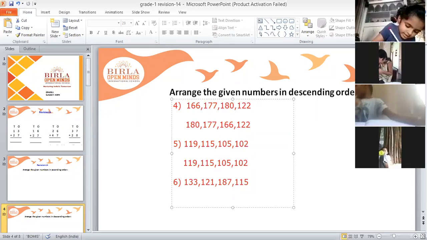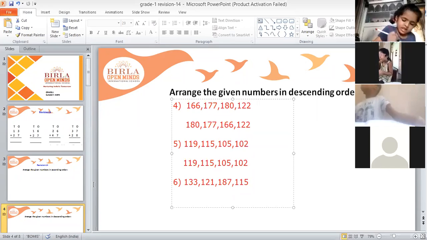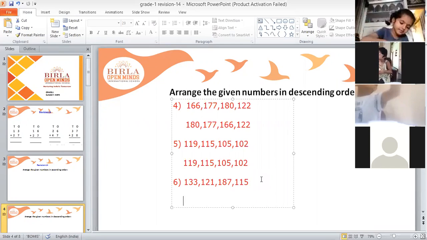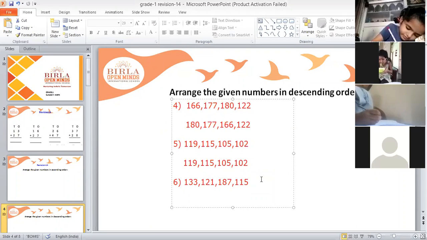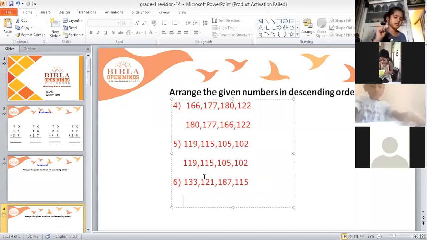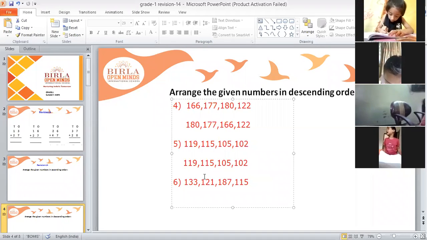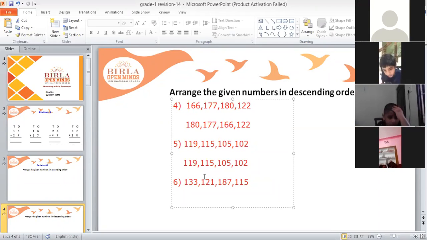Shri Shagvi. Yes, ma'am. Now tell me which is the biggest number in the sixth bit. Tell me the answer. Yesterday also you didn't give an answer. Now tell me the answer.